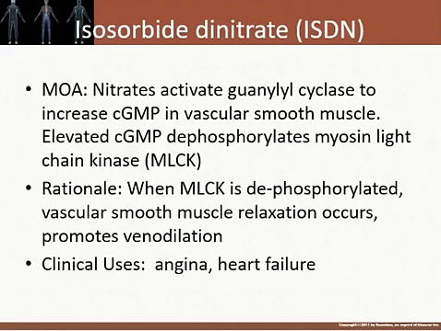Well, it's going to dephosphorylate myosin light chain kinase, and then mechanistically, when myosin light chain kinase is dephosphorylated, vascular smooth muscle relaxation occurs, and so that's going to promote essentially venodilation. We'll see nitrates being employed for obviously patients with heart failure, but also it's the main therapeutic approach to treating angina.